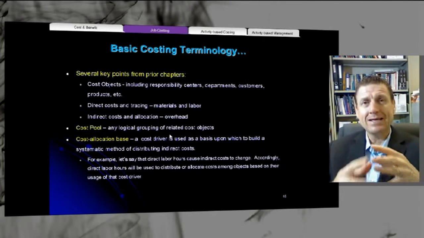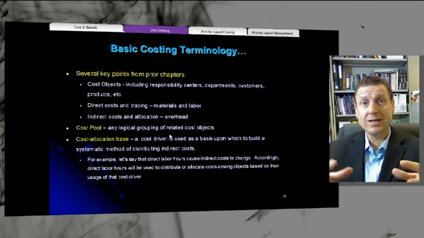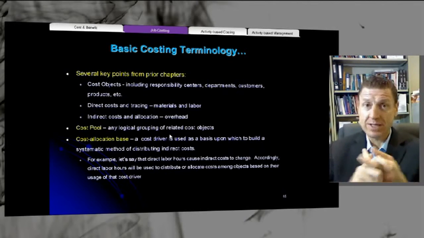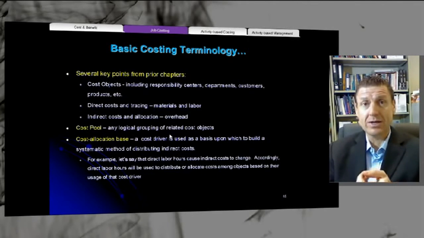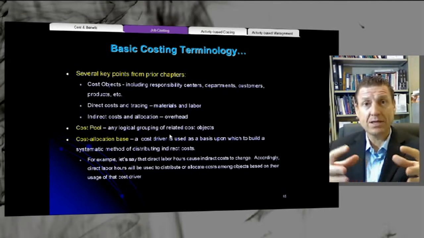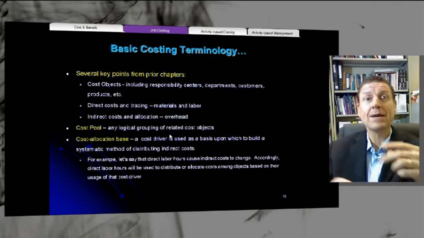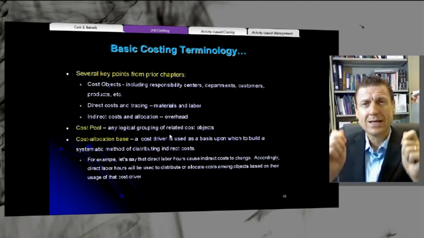As products increasingly use more indirect costs in their manufacture, for example design costs and tooling costs, these indirect costs become a much greater portion of the total product cost. Therefore the allocation of these costs to different products, if you're making multiple products, becomes more and more important. So keep that in mind.